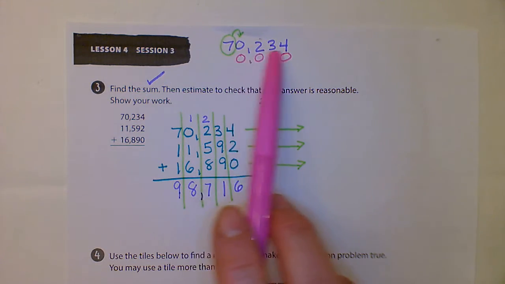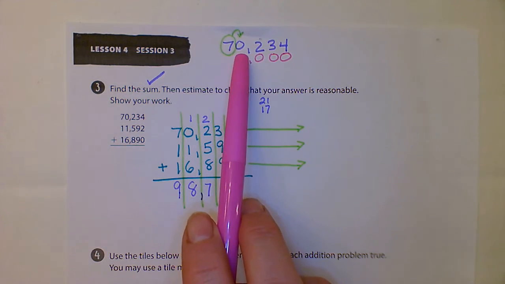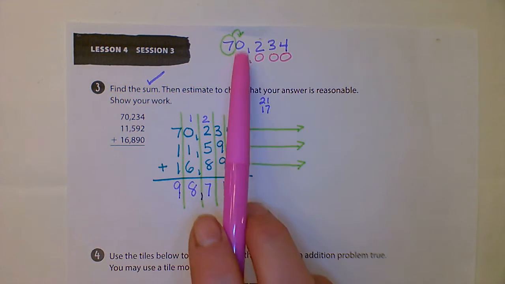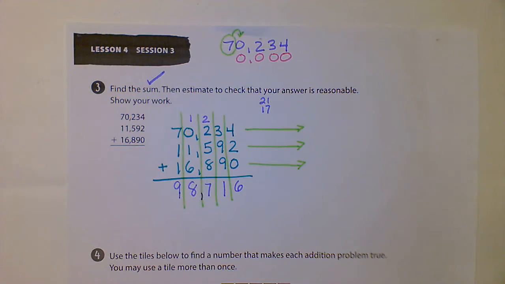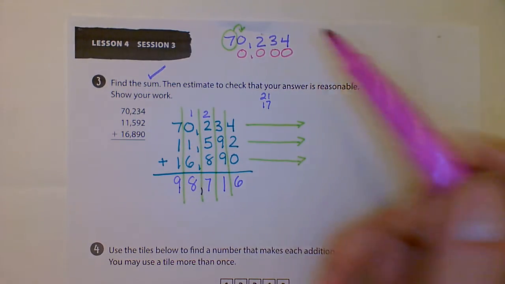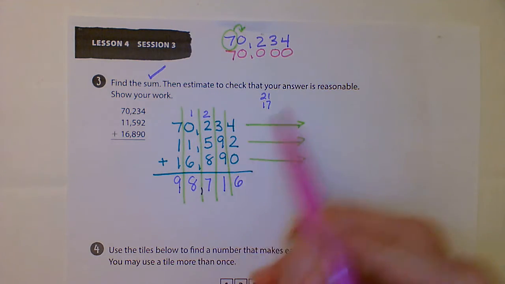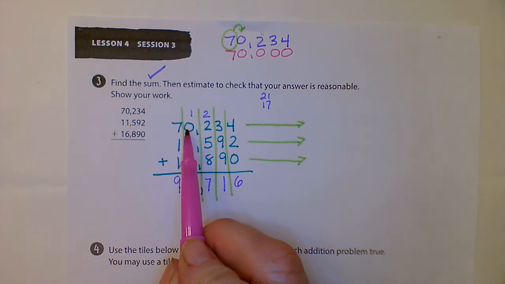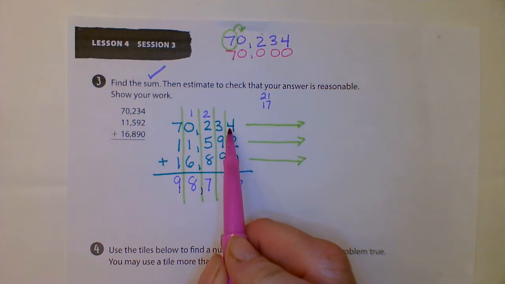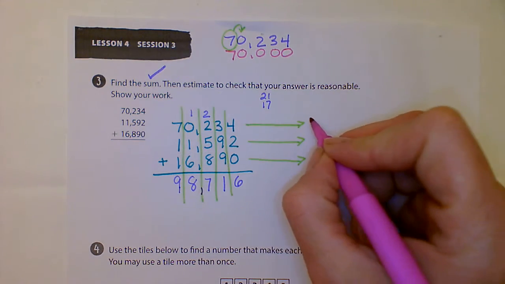Is this number closer to 70,000 or 80,000? Hint, it's 70,234. It's probably closer to 70,000, which it is. So I'm going to go ahead and write a 7 right there. So now what I have to do is show down here that 70,234, when rounded to the nearest 10,000, is just 70,000.